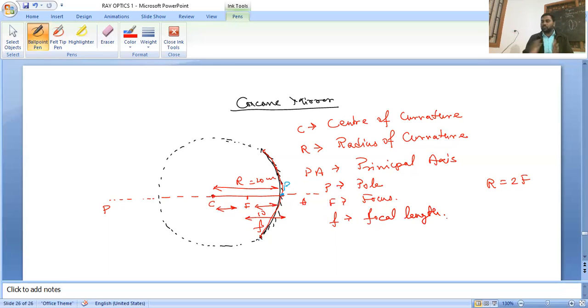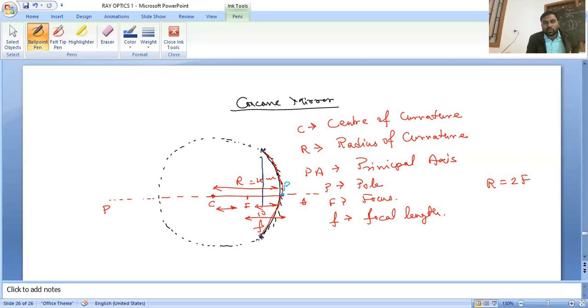So understood here? Any issues? These are the basic terms of a mirror. One more thing that is known as aperture. One end of the mirror, this is the other end of the mirror.